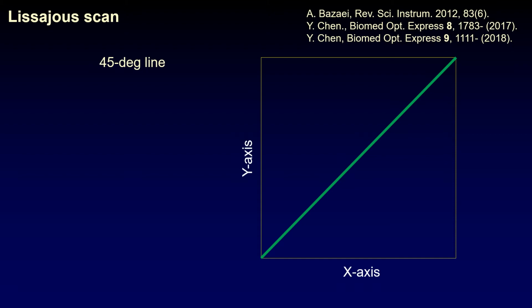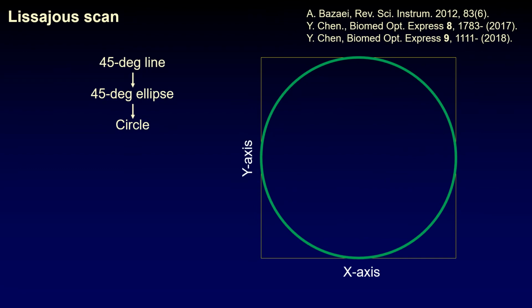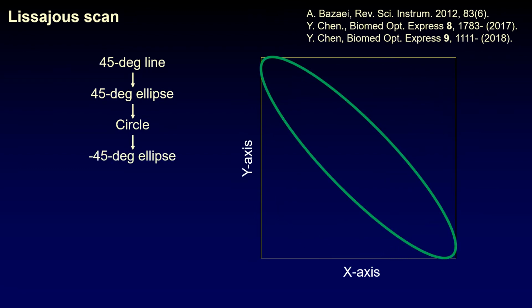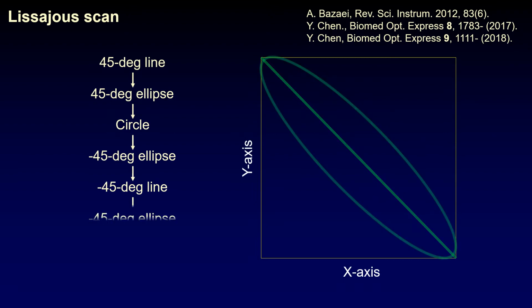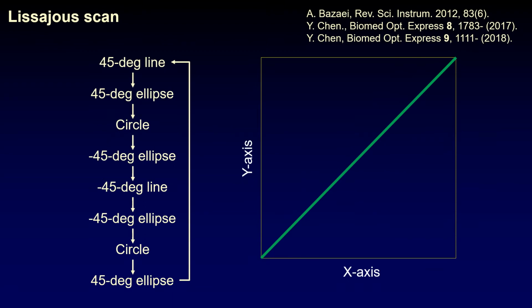The Lissajous scan OCT scans the retina with a dynamic trajectory, starting from a diagonal line. It becomes an ellipse, and a circle becomes the ellipse again, but to the orthogonal direction to the previous ellipse. Then becomes a line again, an ellipse, a circle, an ellipse, and comes to the original line.